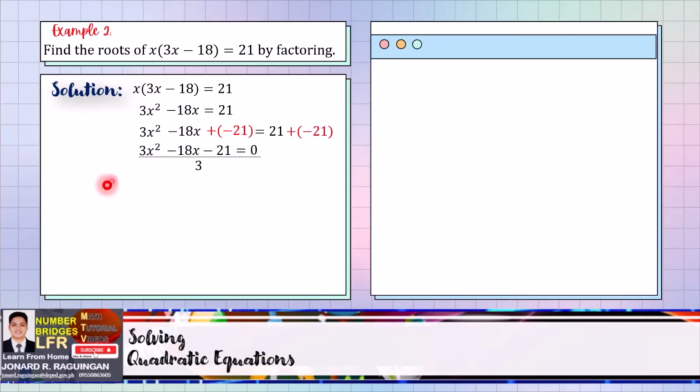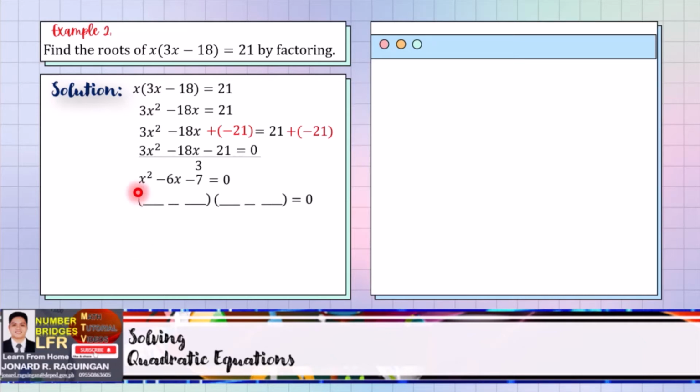Then 3x squared divided by 3 is x squared. Negative 18x divided by 3 is negative 6x. Negative 21 divided by 3 is negative 7 is equal to 0. Then, factor x squared minus 6x minus 7 is equal to 0.